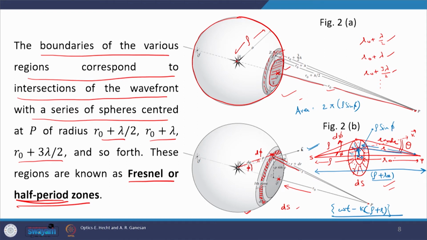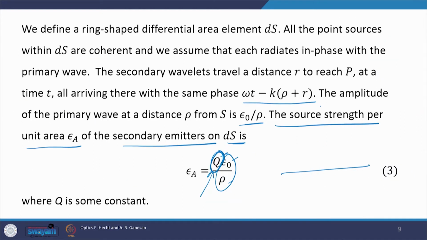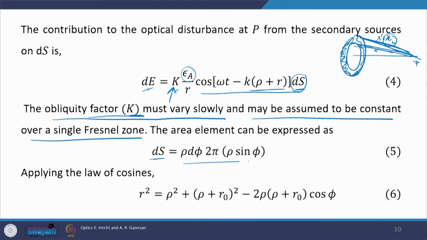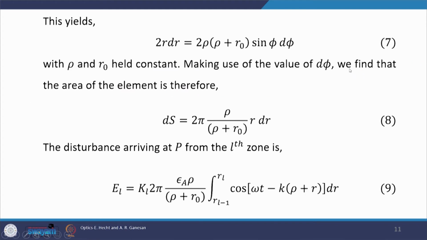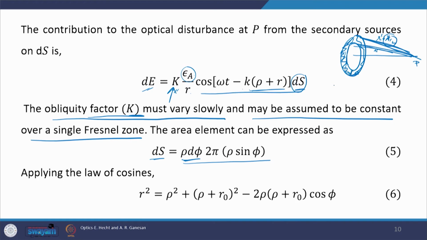It would be angle into radius. Angle is d phi and radius is rho, and this is how the area of the annular region is calculated. And this is exactly what is written here. D phi into rho is the width of the ring, the width of the annular portion, and 2 pi rho sin phi is the periphery of the circle.